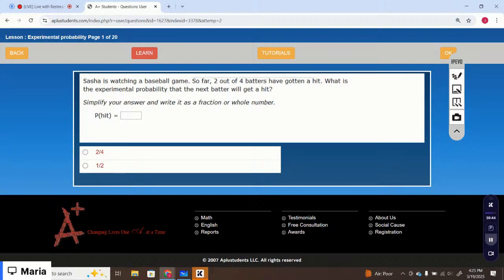The correct option is 1 by 2. Option number 2 is the correct option.